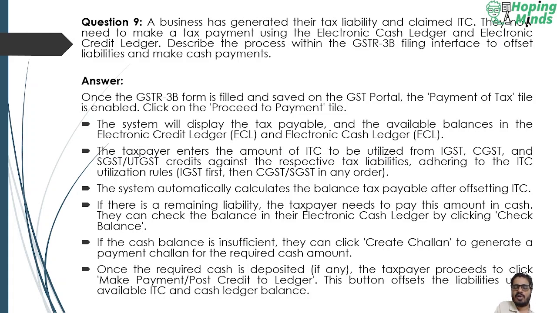Once the required amount of tax to be paid in cash has been paid through net banking or any other mode, the taxpayer can proceed to make payment or post credit to ledger. Once this is done, the liability is offset, and finally the taxpayer can file the GST return by using the DSC or EVC as applicable. So this is the process of offsetting the liability.